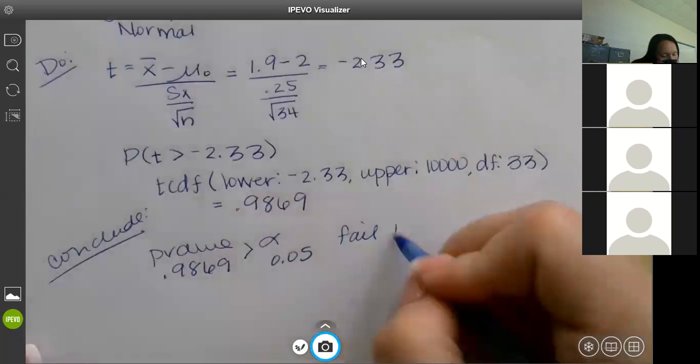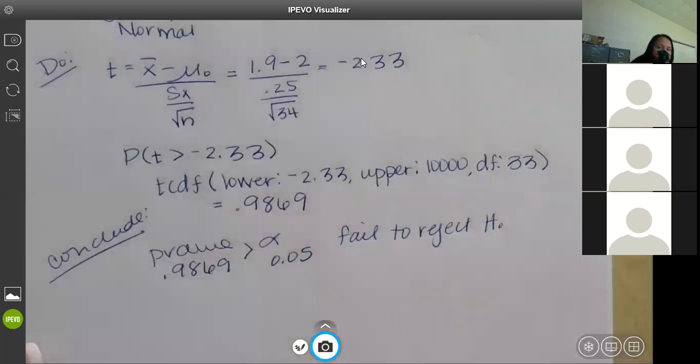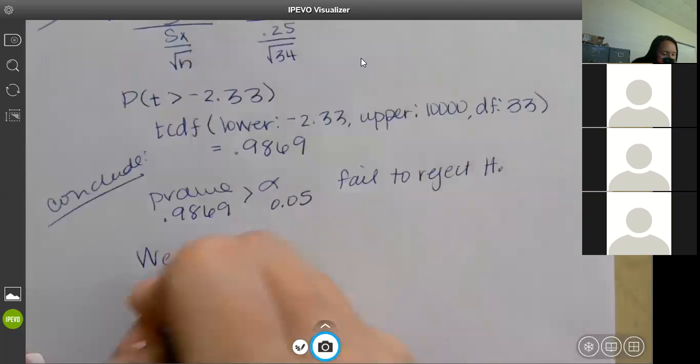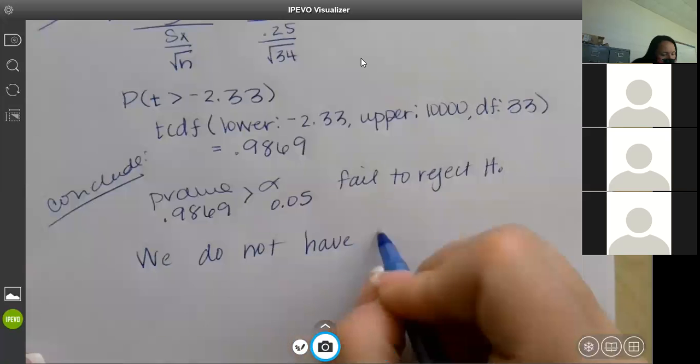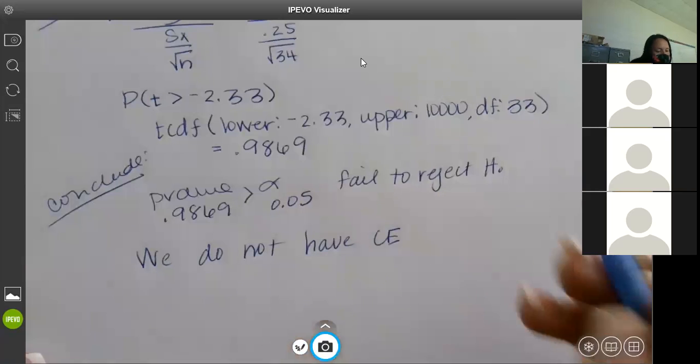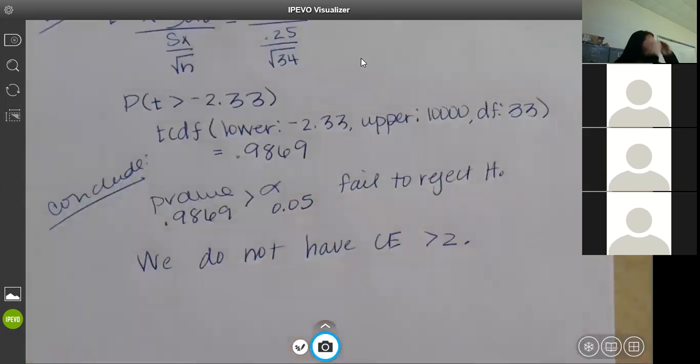So we fail to reject H sub O. We do not have convincing evidence in context of the problem that the cabbages are greater than 2. That the mean weight of cabbages after using the new fertilizer is greater than 2. Any questions? Everybody good? All right.